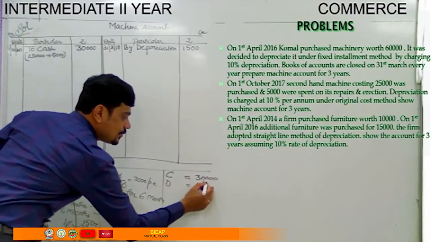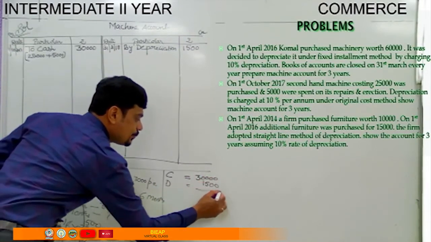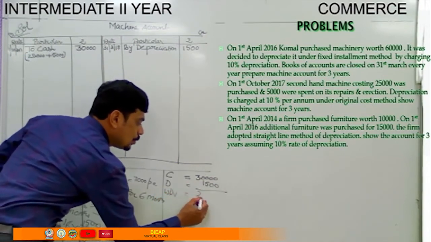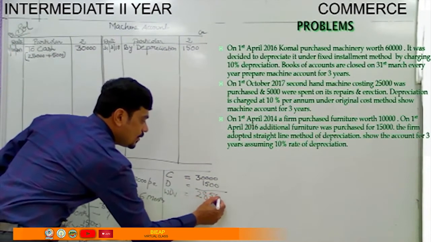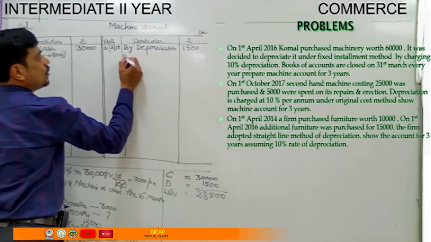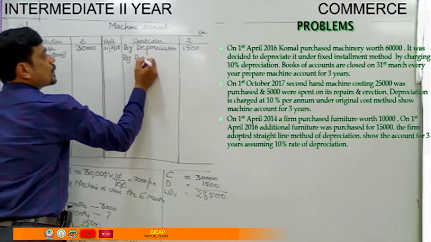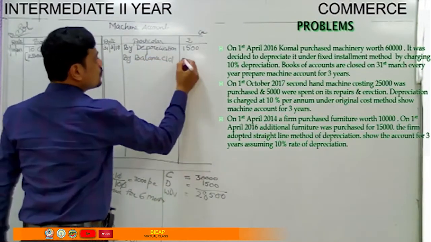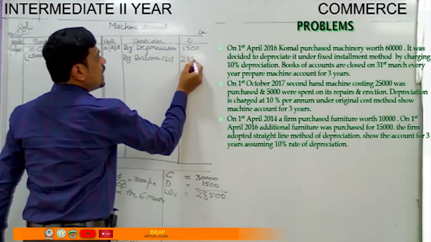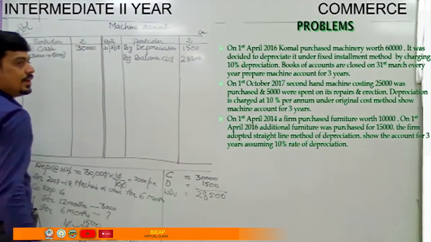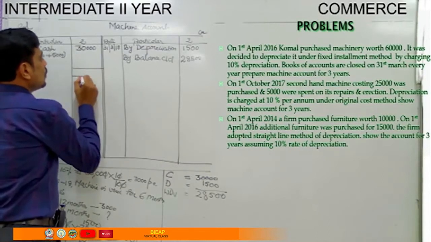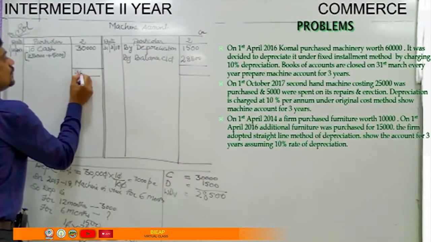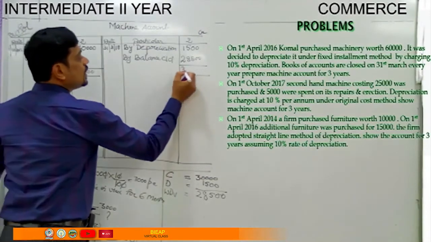Depreciation D, 1,500. If we subtract, we get the written down value, 28,500. So close the account. By balance carried down, 28,500. Close the account; the total will be 30,000 on both sides.